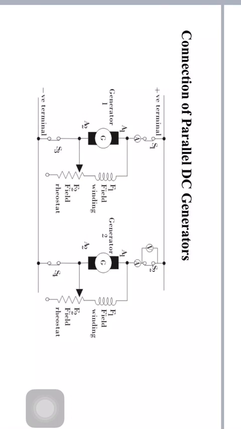By increasing the field current, hence the induced EMF E, generator 2 can be made to supply a proper amount of load.